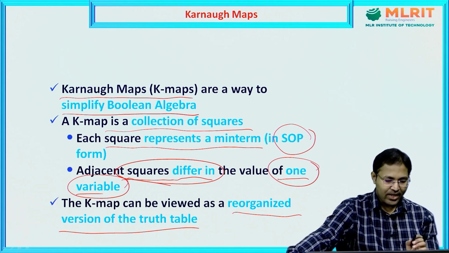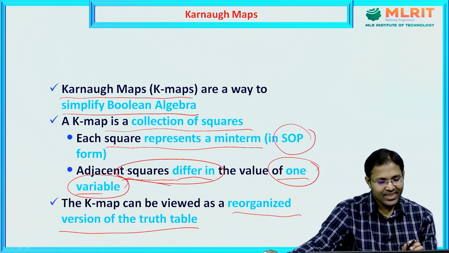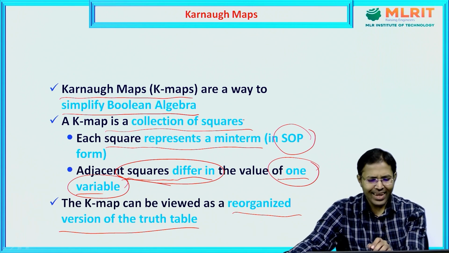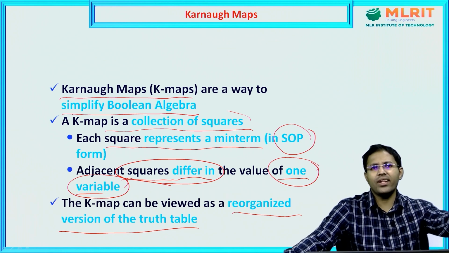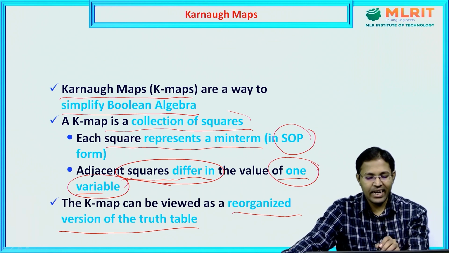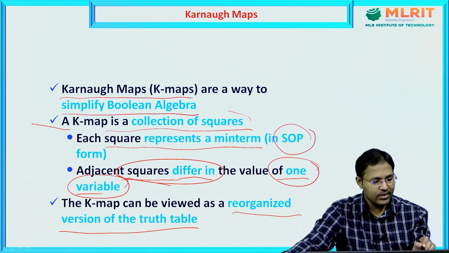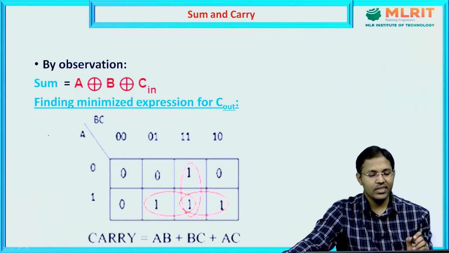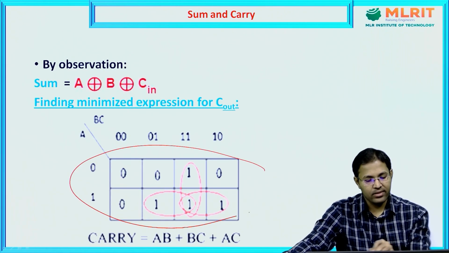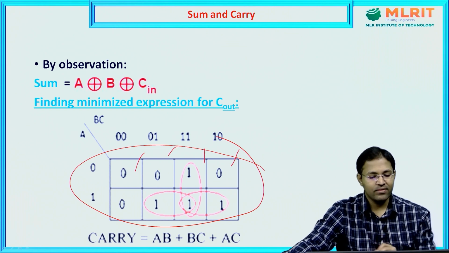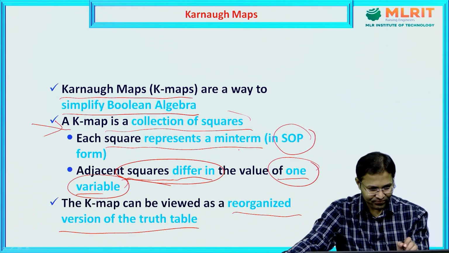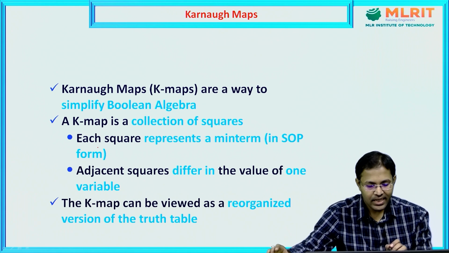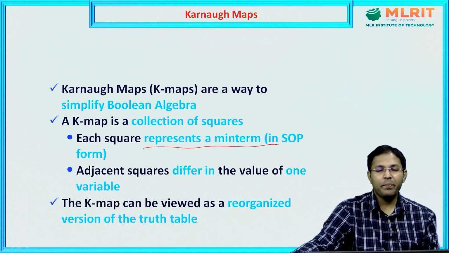Then let us look at all the points. The second point: a K-map is a collection of square boxes. So many boxes we have, fine. Next, each box represents a min term.